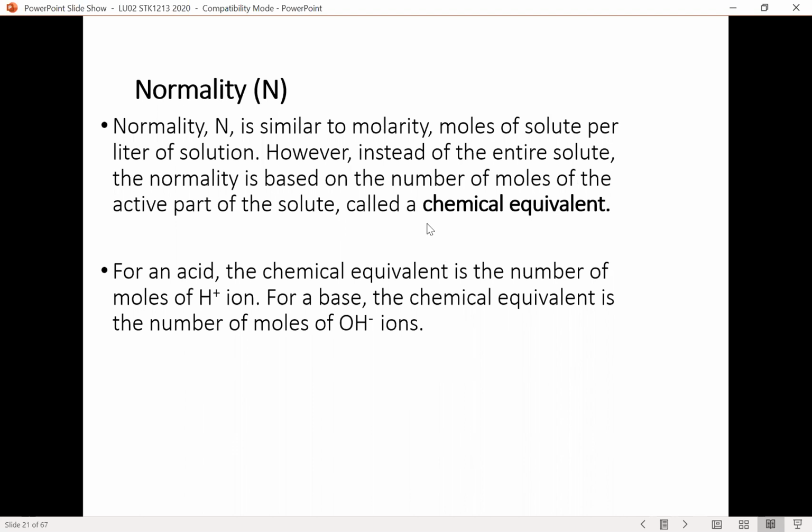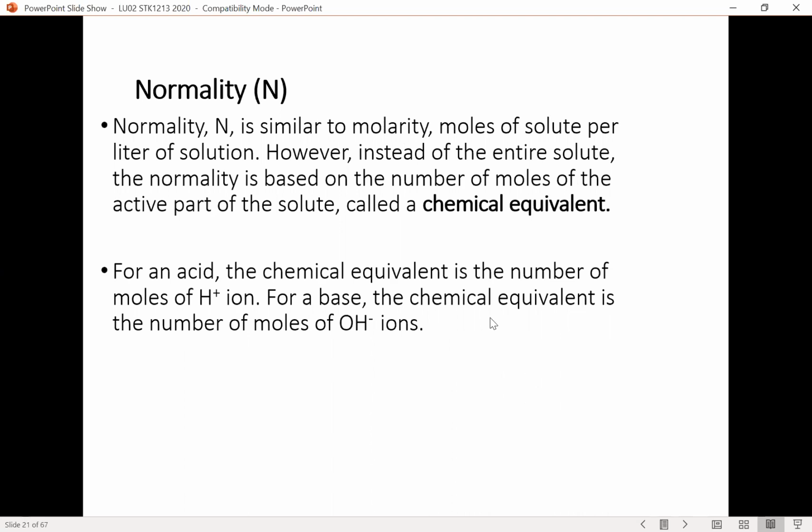Normality is similar to molarity, moles of solute per liter of solution. However, instead of the entire solute, normality is based on the number of moles of the active part of the solute, which is called a chemical equivalent. For example, for acid, the chemical equivalent is the number of moles of hydrogen ions, and for the base it is the hydroxide ion.